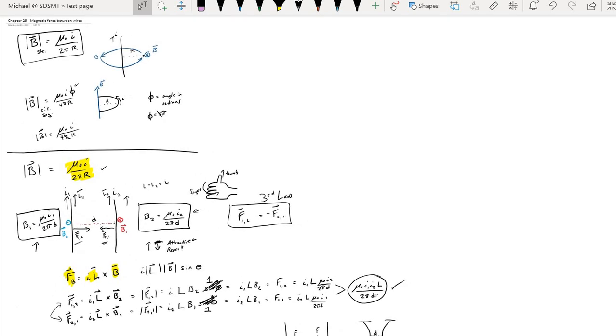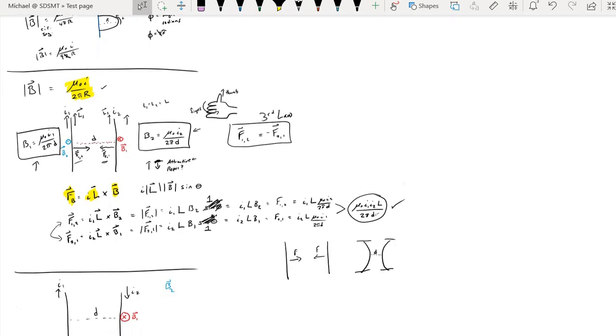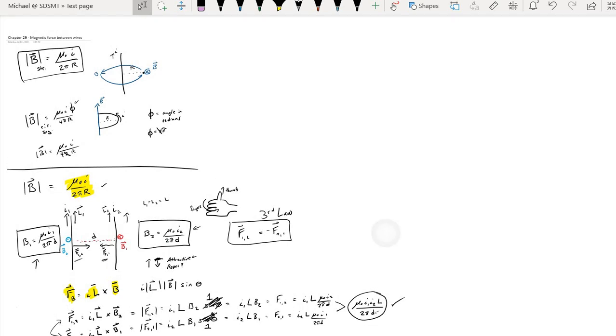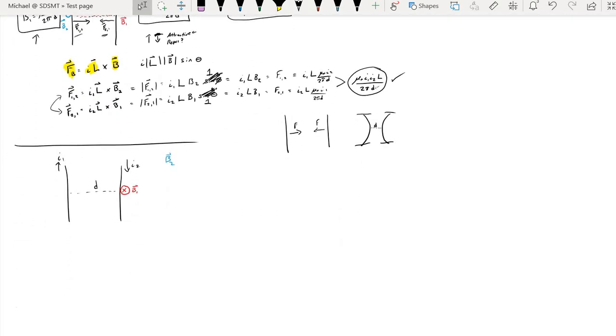But by the same argument, we have straight line portions and curved portions. Current 2 is again the straight portion of the diagram, so field 2 is going to be the curved portion, or the curve of our fingers. So straight portion is the thumb, curved portion is the fingers.